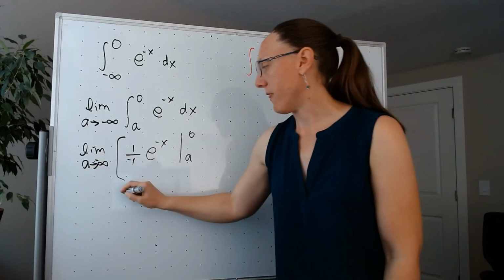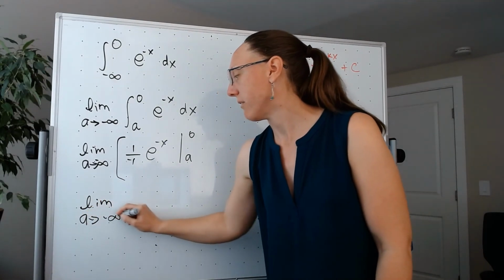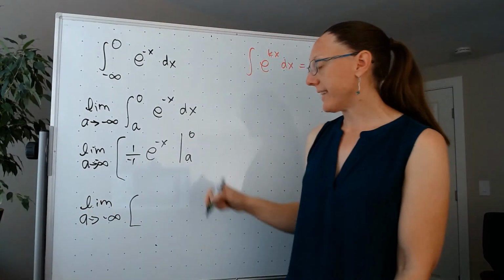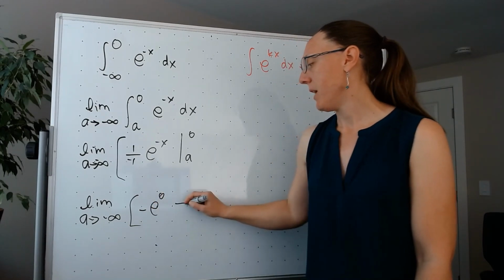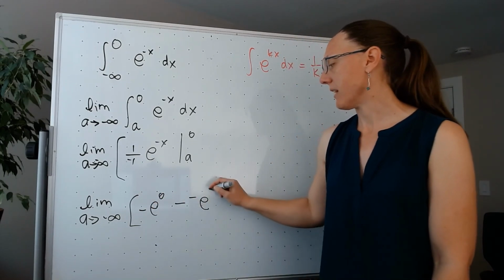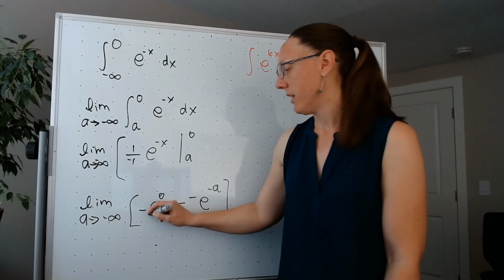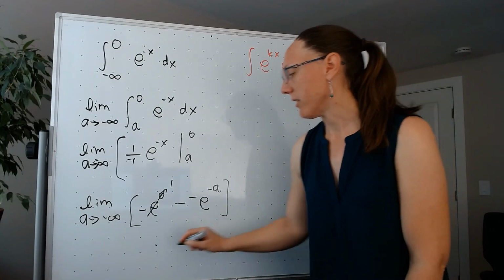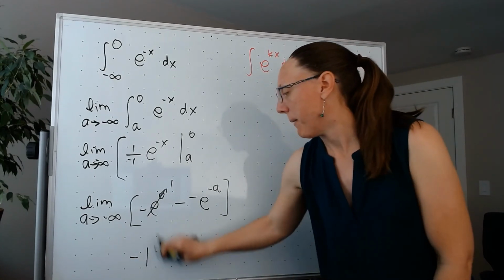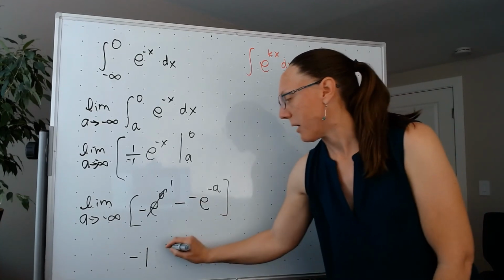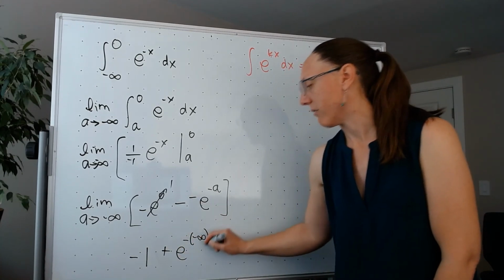So I'm going to plug in things here. We've got our limit as a approaches negative infinity. When I plug in 0, I'll have negative e to the 0 minus negative e to the negative a. Well, e to the 0 is 1, so that we can deal with. So now I've got a negative 1, and minus a minus is going to make that plus, and then we've got e to the negative of a negative infinity.